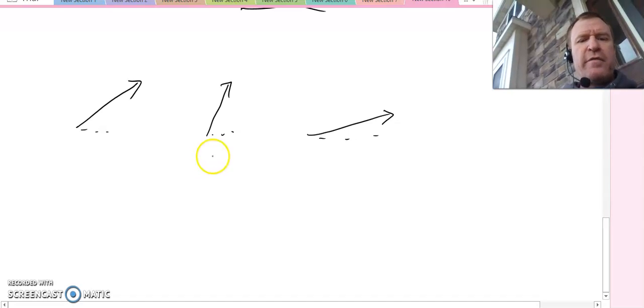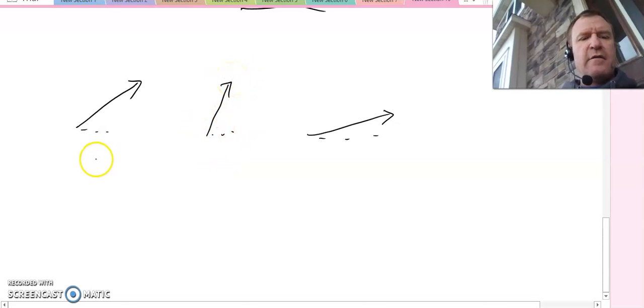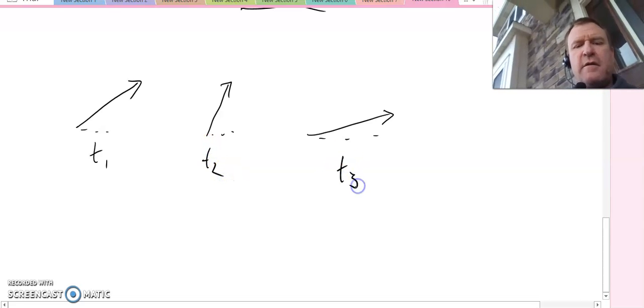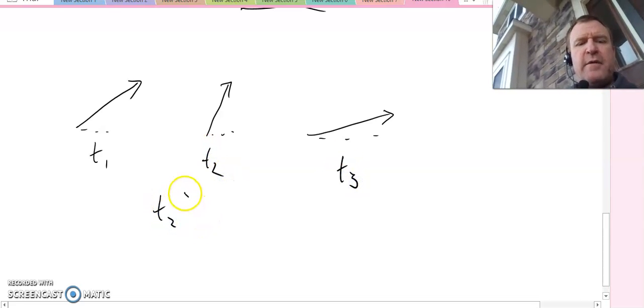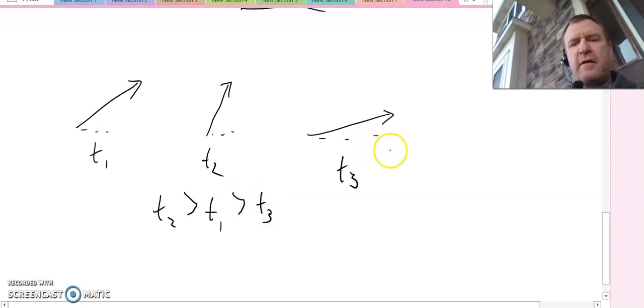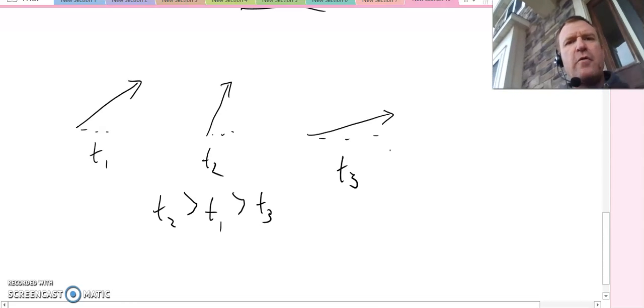Well, it's going to be the one with the biggest vertical component of velocity. So if I call this T1, T2, T3, I know T2 is going to be the biggest, and then T1, it's got the next biggest vertical component of velocity, and then T3 is finally going to be the smallest one.